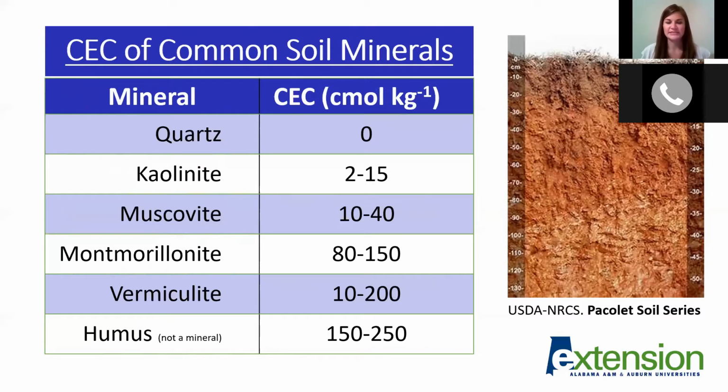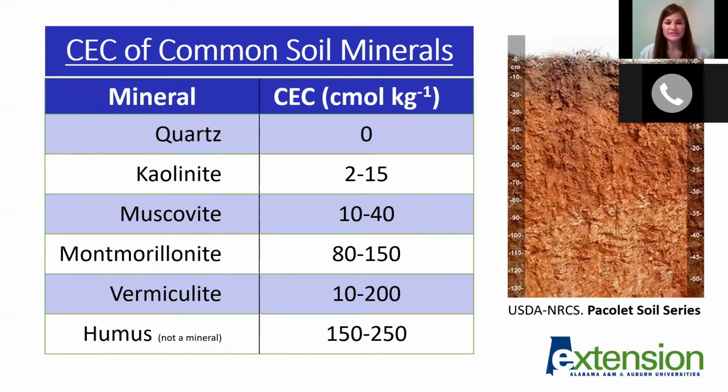You can see we have our CEC unit expressed in basically the amount of charge per amount of soil, and you can see that kaolinite and quartz, which is sand, are much lower. Sand is practically nothing when you compare it to minerals like montmorillonite and vermiculite.